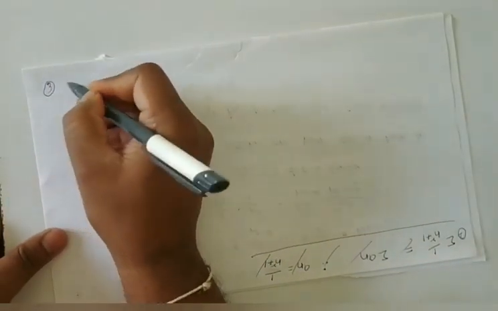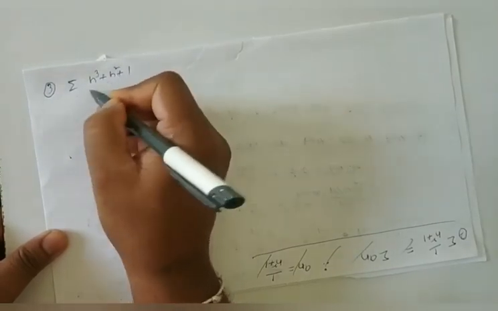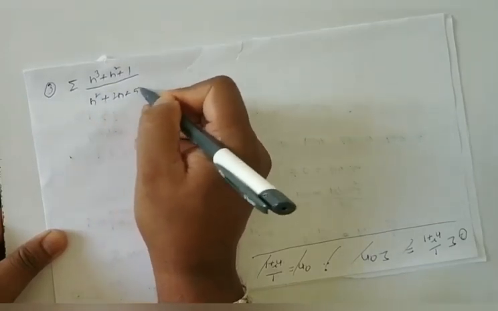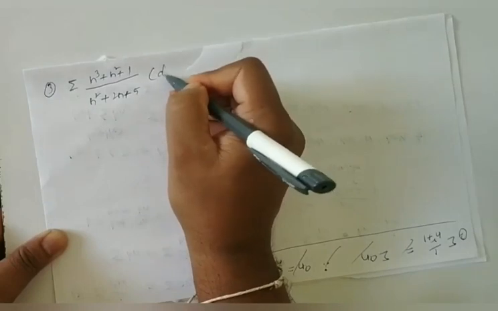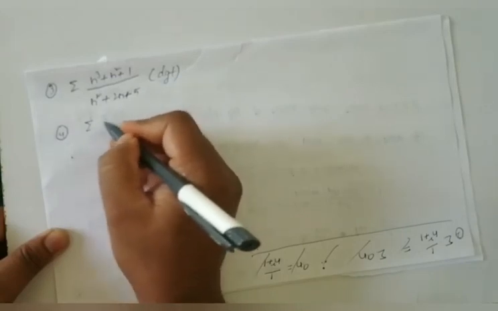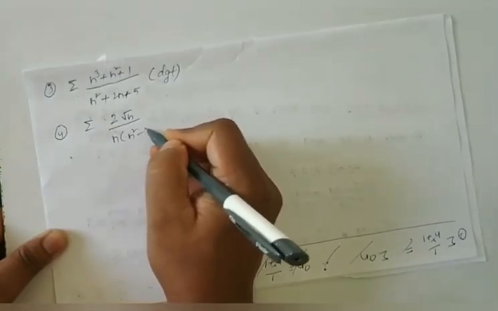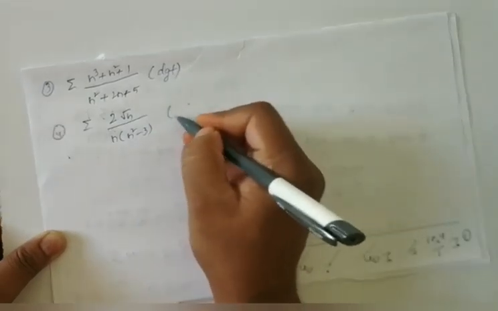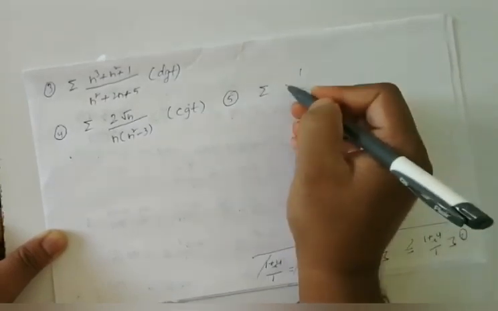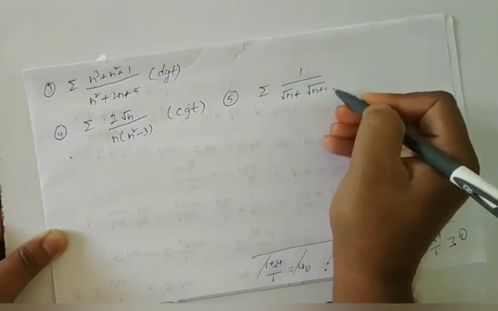Third one, summation n cube plus n square plus 1 by n square plus 2n plus 5. Here I will give you the answer: this is divergent. Fourth one, summation 2 root n by n into n square minus 3. This is convergent. Fifth one, summation 1 by root n plus root of n plus 1.